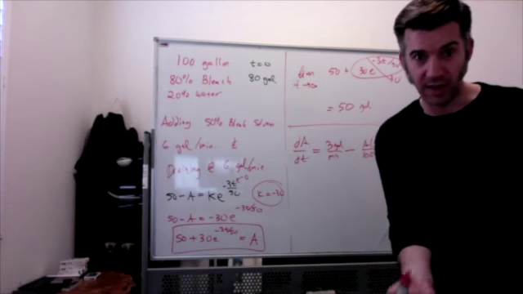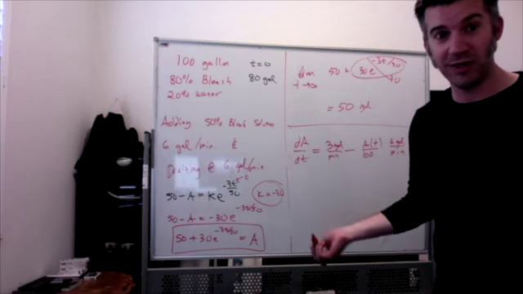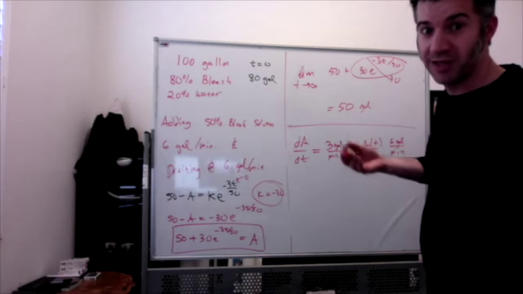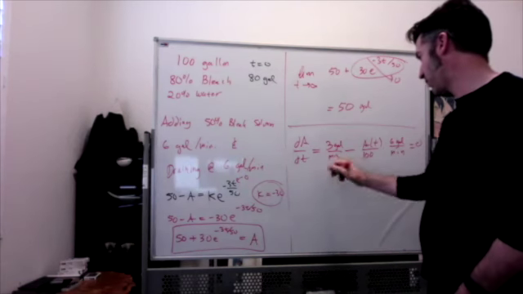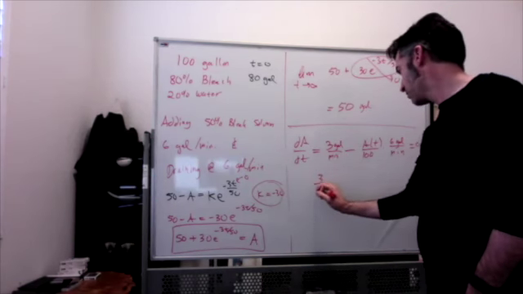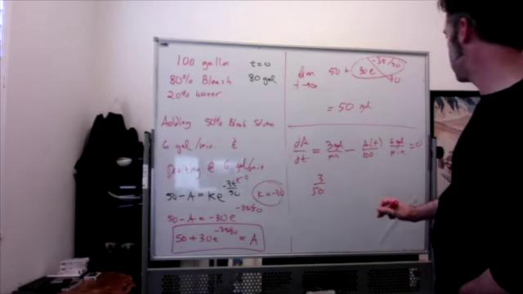How do you find the equilibrium? You set the differential equation equal to 0. So we set this equal to 0. Again, I'm going to factor out my 3 over 50.